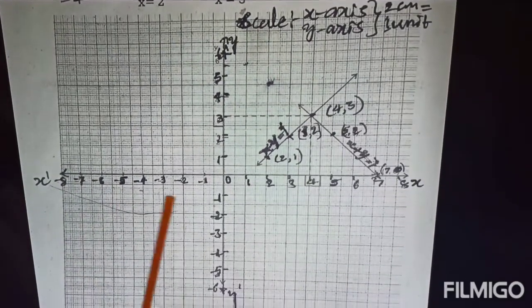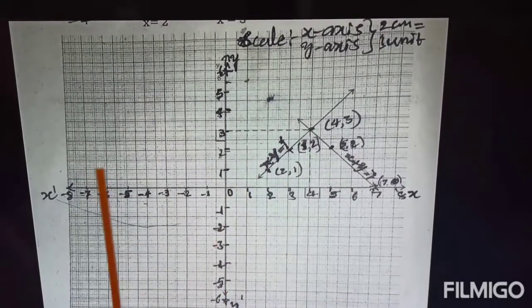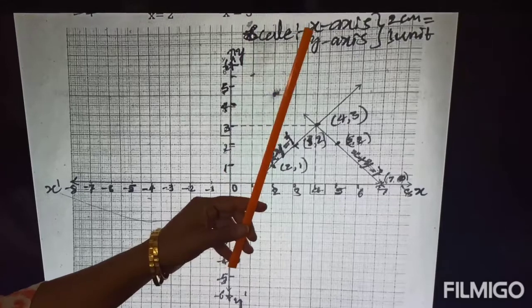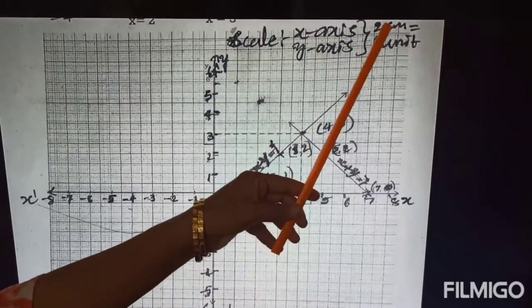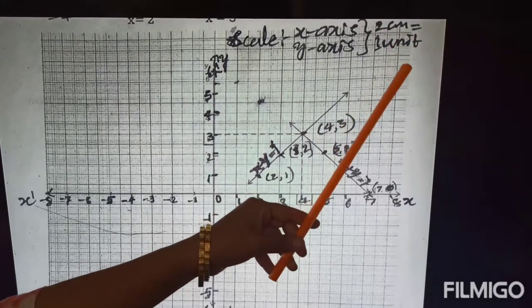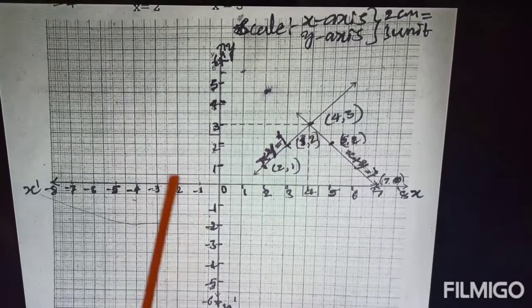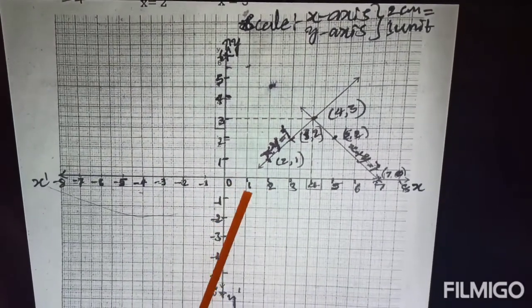Then how do we mark these? What is the scale for these numbers? The scale we took for both the x-axis and y-axis is 2 centimeters equal to 1 unit.